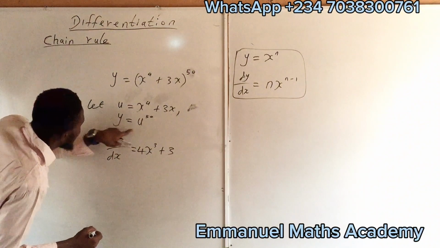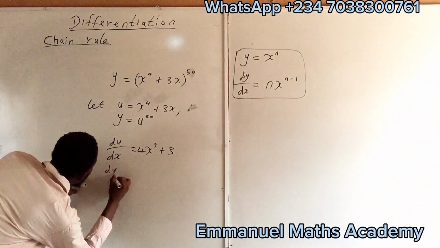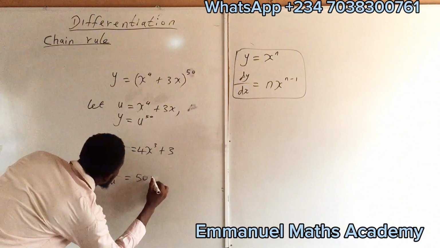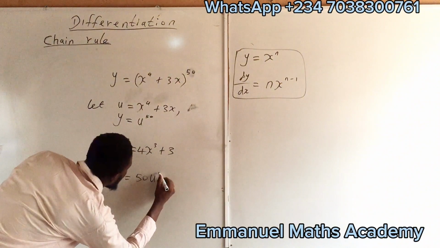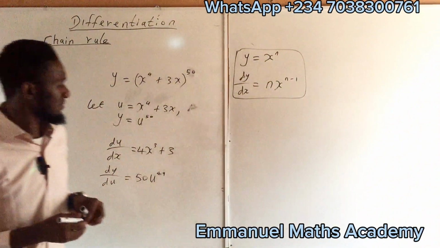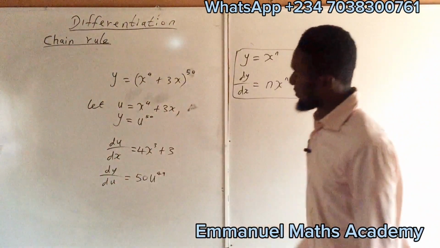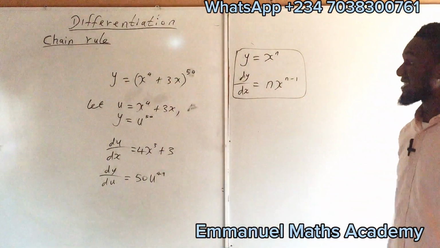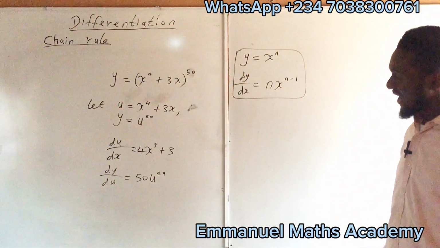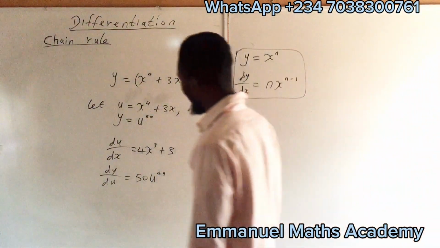Then our dy du is 50 u power 49. Is that correct? But remember, we are asked to find our dy dx.